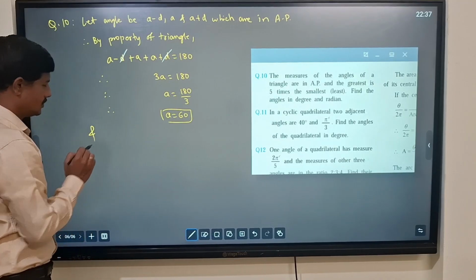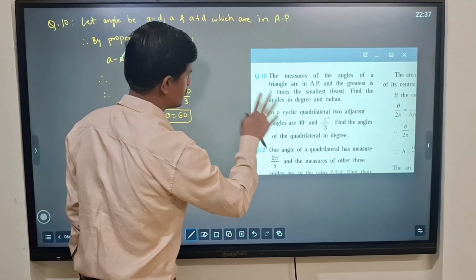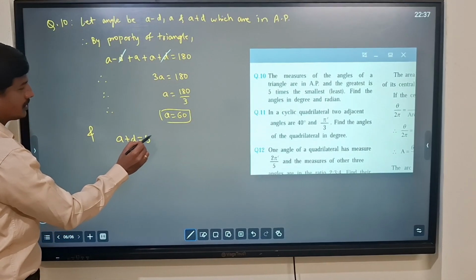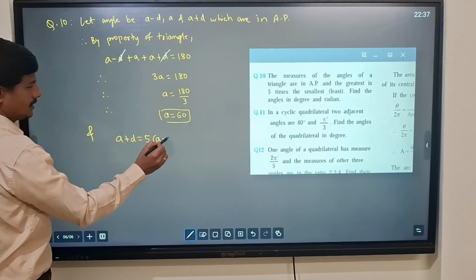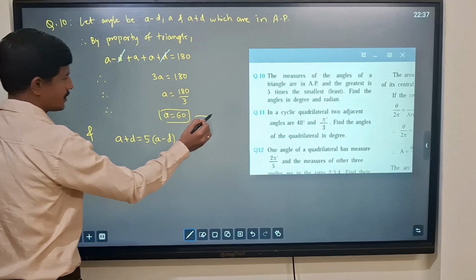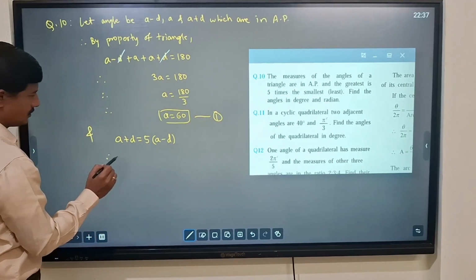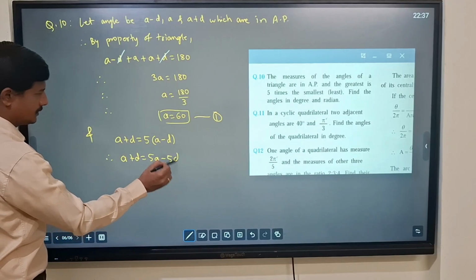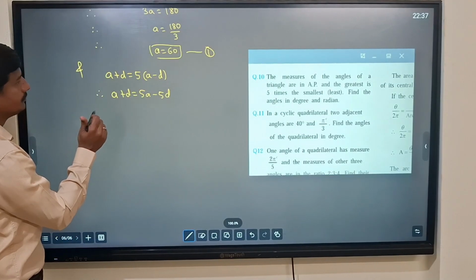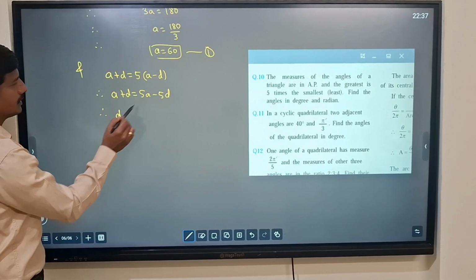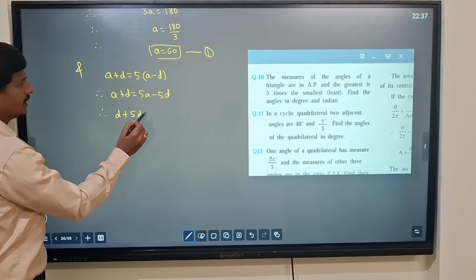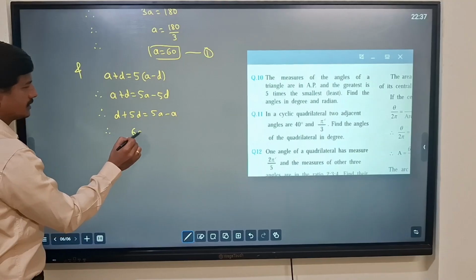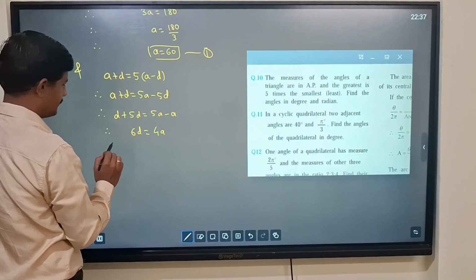Now, what is given? The greatest is 5 times the smallest. The greatest angle is A plus D, which is 5 times the smallest, A minus D. Okay. Therefore, A plus D is equal to 5A minus 5D. Therefore, this D and this 5D come together, that is equal to 5A minus A. Therefore, 6D becomes 4A.